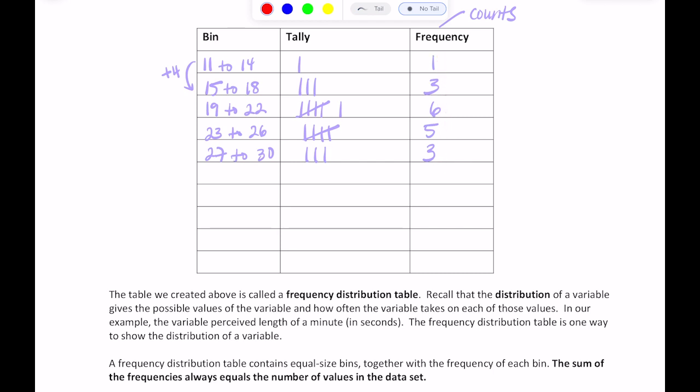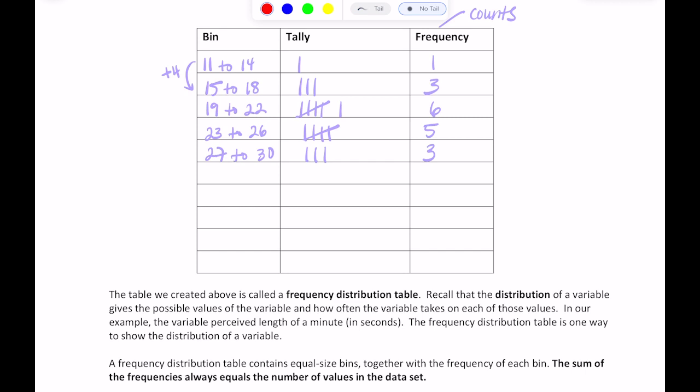That's one way to show the distribution of a variable. Notice that each row contains equal size bins. Each of these is known as a bin, and my bins are about 3 units long, 4 units really. So 11, 12, 13, 14, and then 15, 16, 17, 18, and so on.